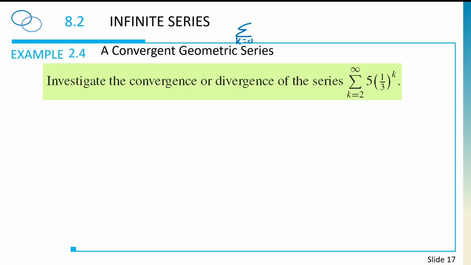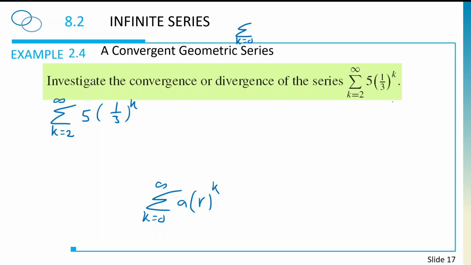For our first example, we'll see how we can check whether this geometric series is convergent or divergent. We have sigma 5 times 1 over 3 to the power of k, from k equals 2 to infinity. Now it clearly fits our general form almost, so I can directly say this is a geometric series. Firstly, we need to look at the common ratio.